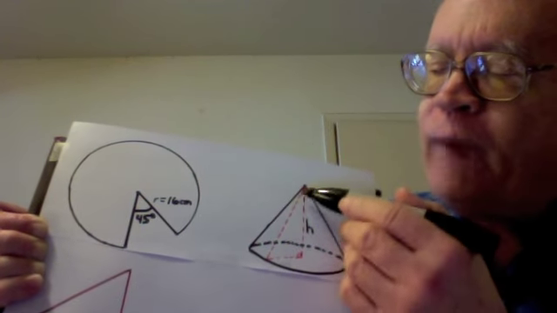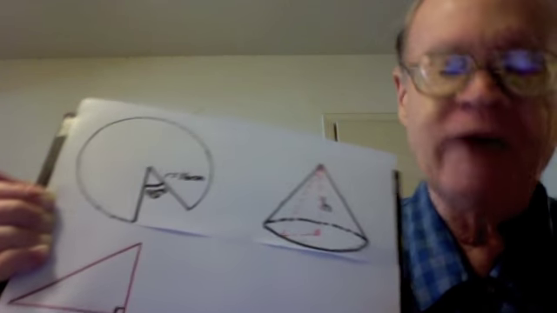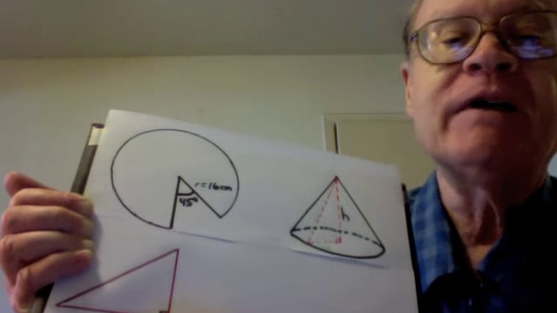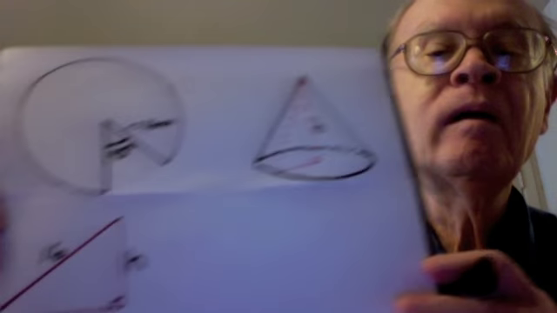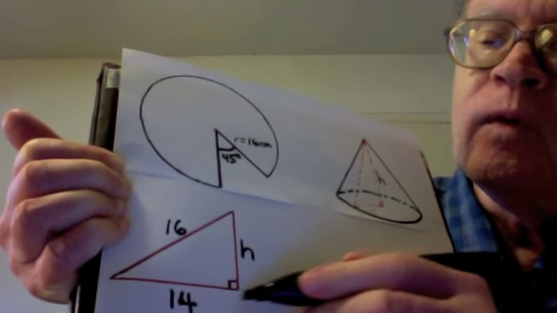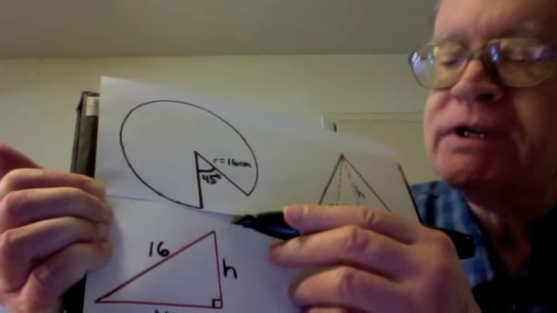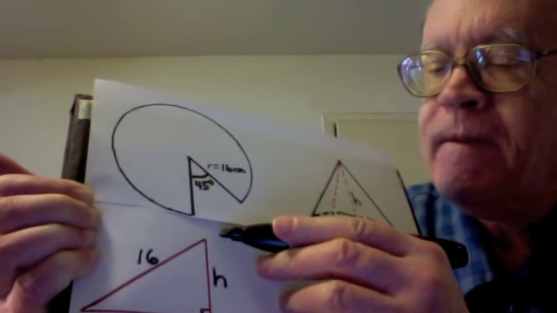We have here a right triangle shown in red, and I show that right triangle separately here. I will now label it. Height h, this leg 14, the hypotenuse 16.